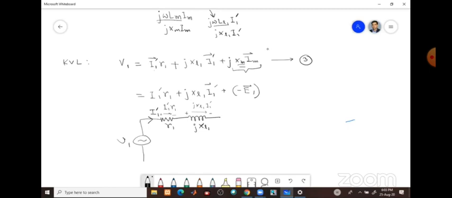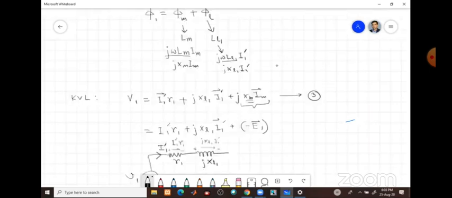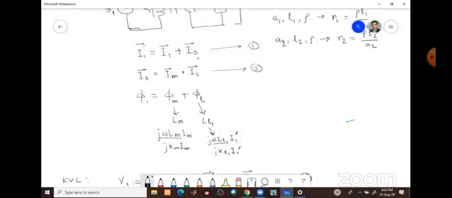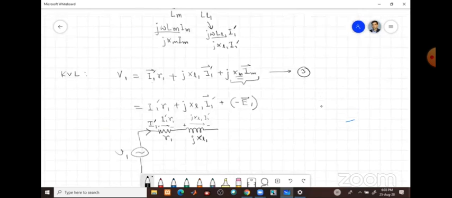As we know, I1 prime has two parts, I1 plus I0. Again, I0 has two parts, IM and IC. But through this mutual reactance XM, only the IM part is flowing.